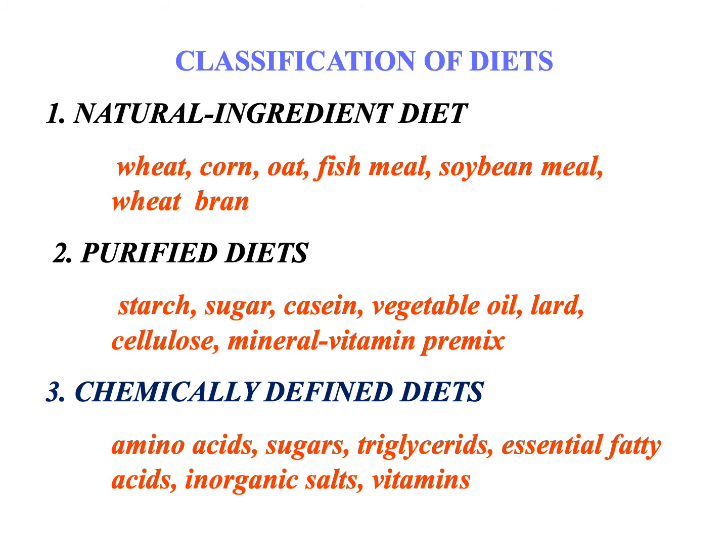So originally they are natural products which are purified. And the number 3 is the chemically defined diet, which are the product of the chemical industry: amino acids, sugars, triglycerides, essential fatty acids, inorganic salts, and vitamins.